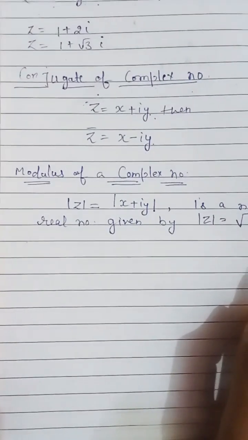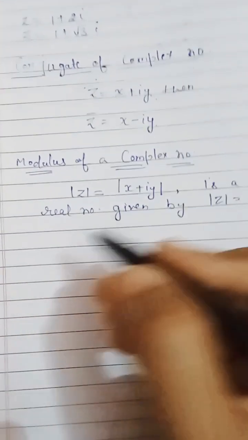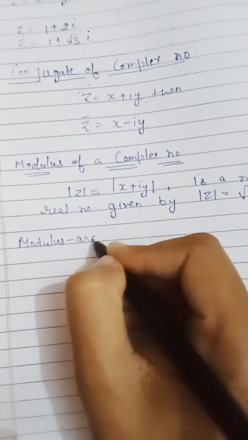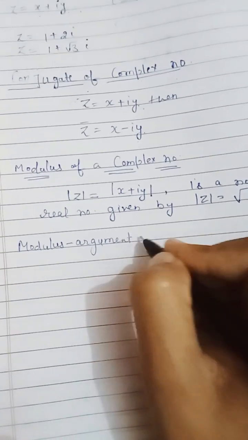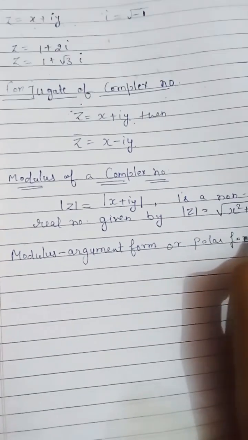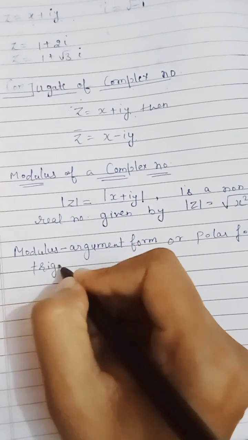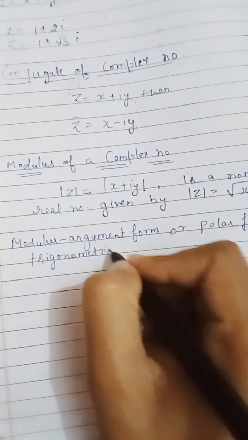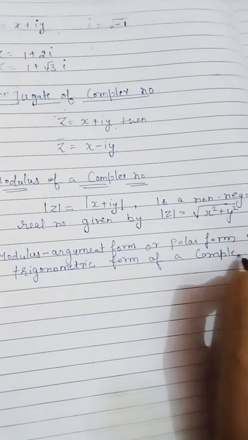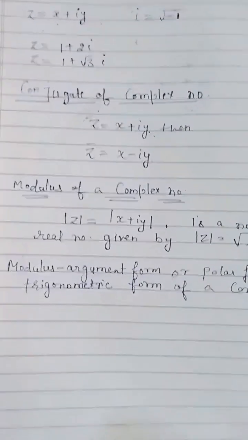Now the next definition is the modulus argument form, or polar form, or we can say trigonometric form, of a complex number. So what is it?